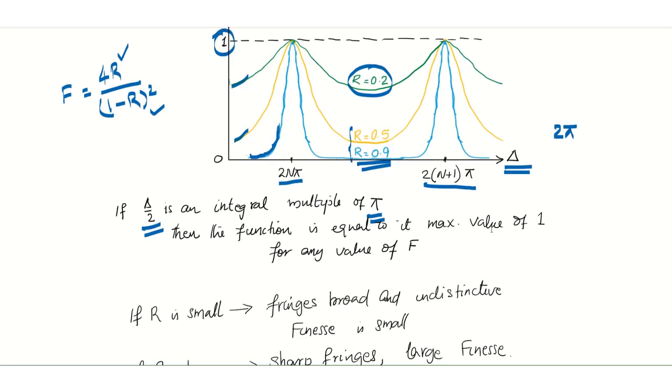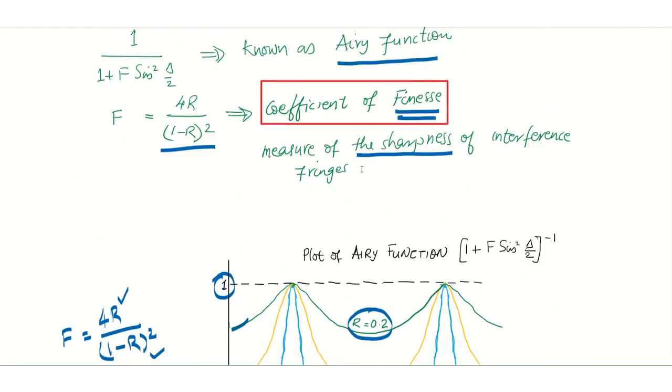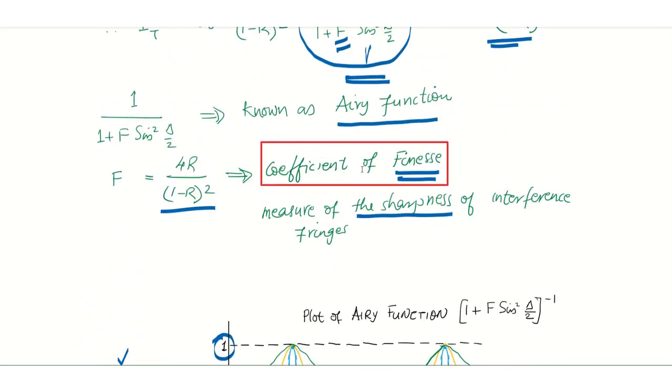The maximum value that can be for an Airy function is 1 for any value of f. It doesn't matter the value of f. Why is that?